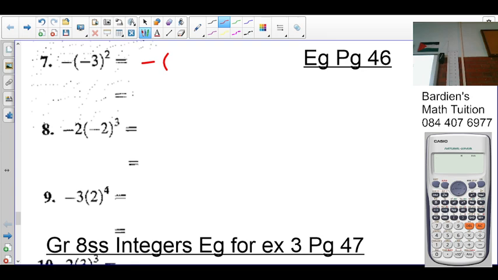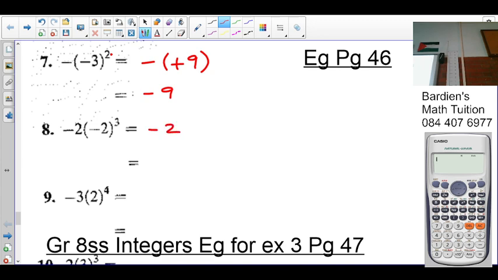So negative to an even exponent will always be positive. And 3 squared is 9. What's negative times positive? Negative 9. Okay? You understand? Let's look at the next one.